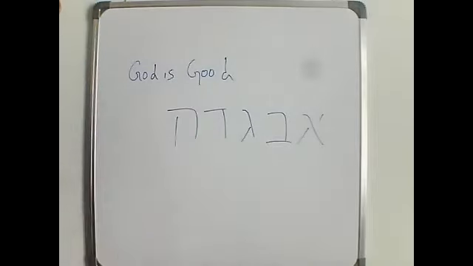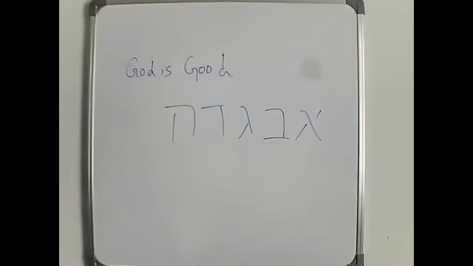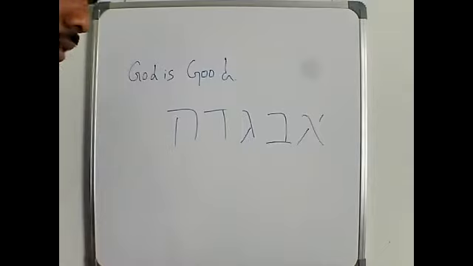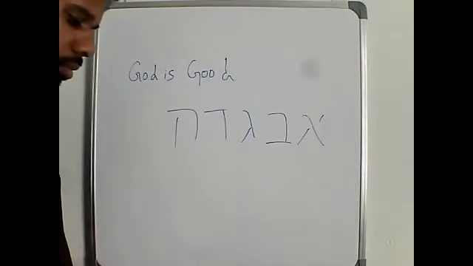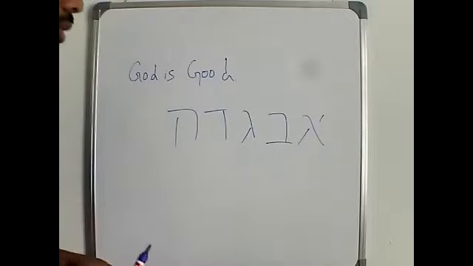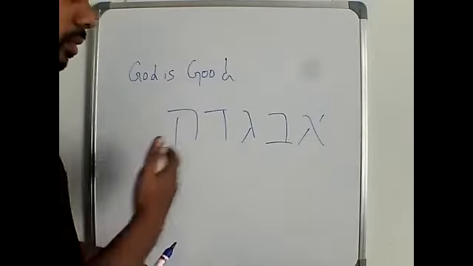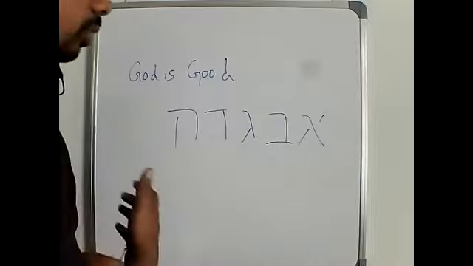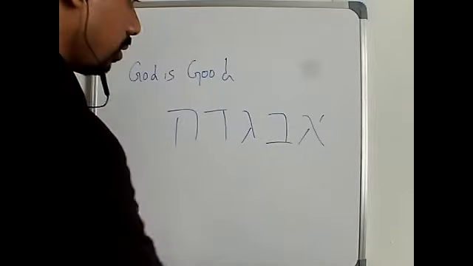I'm just writing the alphabets. So I think this will be clear. Please make note of that. When you are trying to write Hebrew, you have to start from the right hand side to the left hand side. Keep that in your mind.